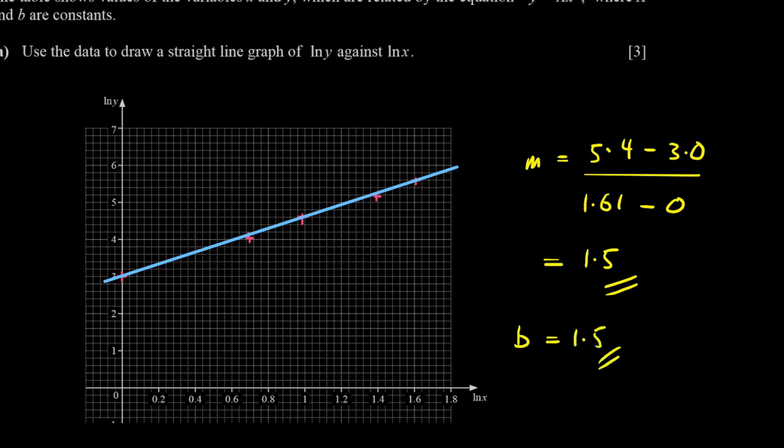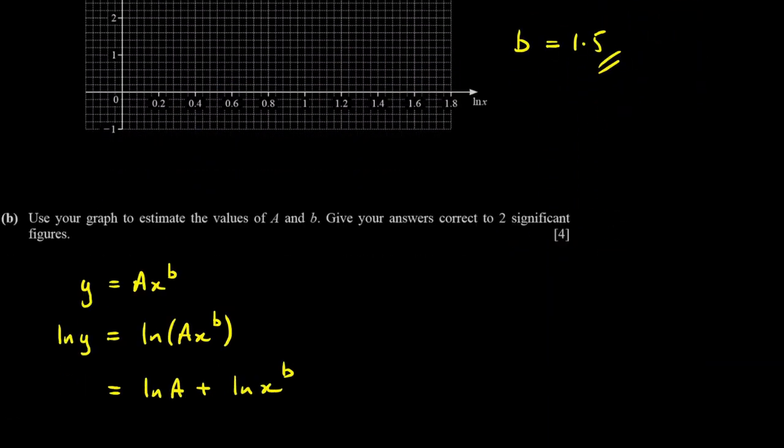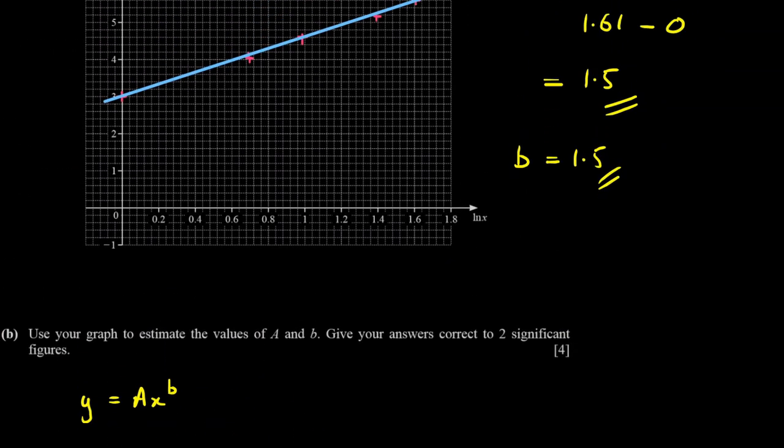All right, then what about our y-intercept? Well, we know from the graph that our y-intercept is roughly 3. So our y-intercept, if we remember, is going to be equal to ln a. So we can just say, since c is equal to 3, ln a must be equal to 3.